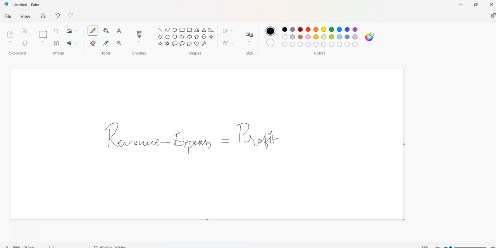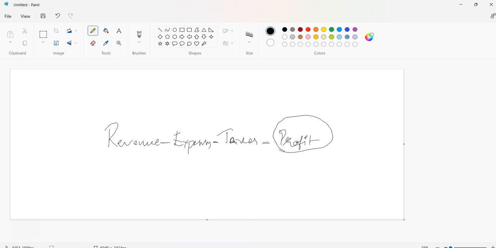It can also be created as revenue minus expenses minus taxes is equal to profit.